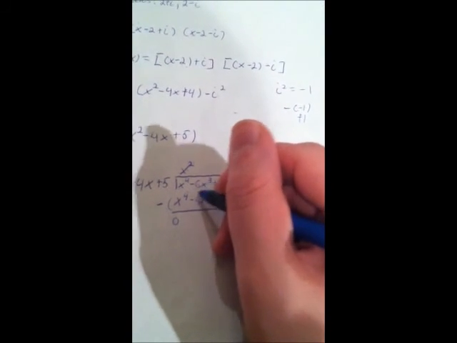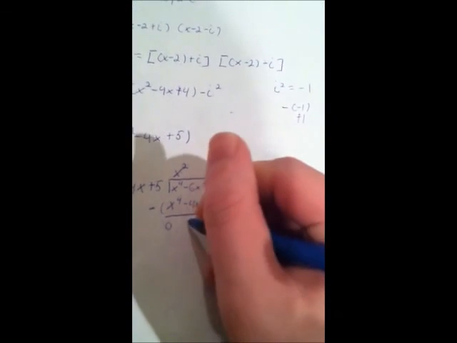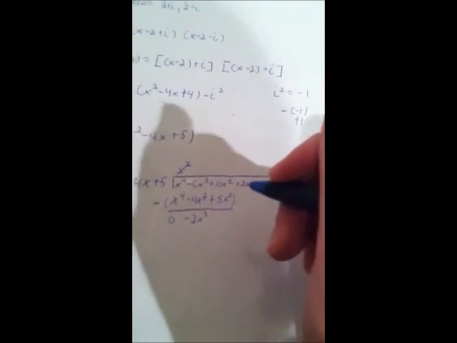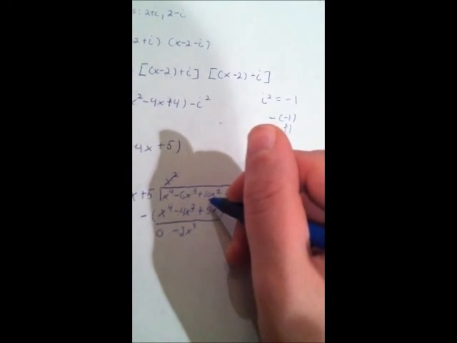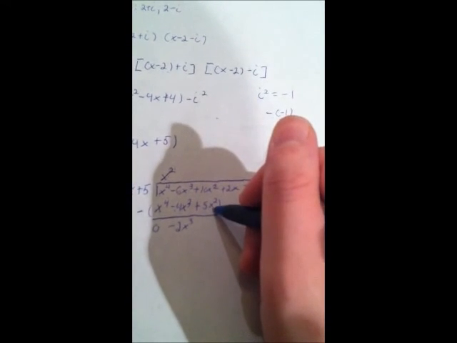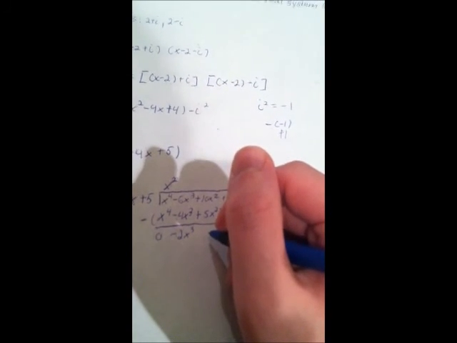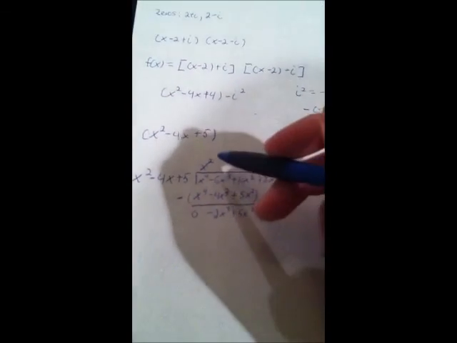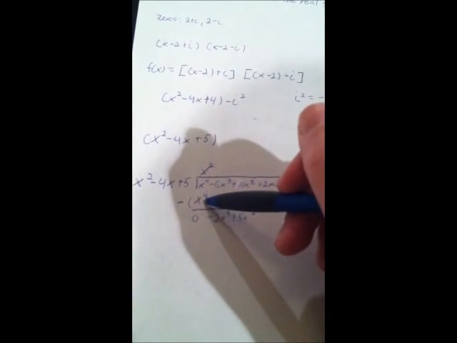Negative 6x cubed minus negative 4x cubed is a negative 2x cubed. And then we take a positive 10x squared minus a positive 5x squared, and we just get 5x squared. So let's look at what we did so far. We took x squared, multiplied it with this to get x to the fourth.